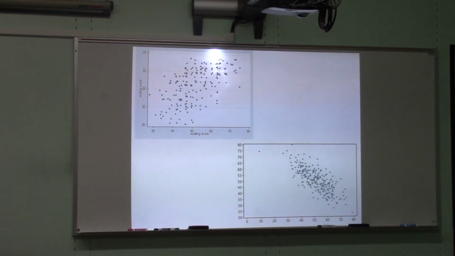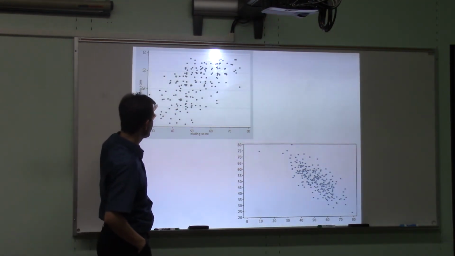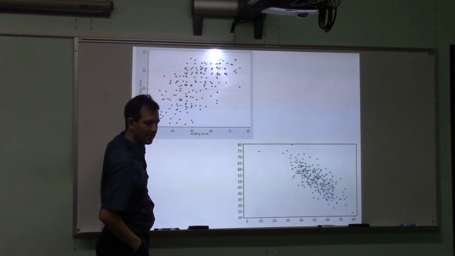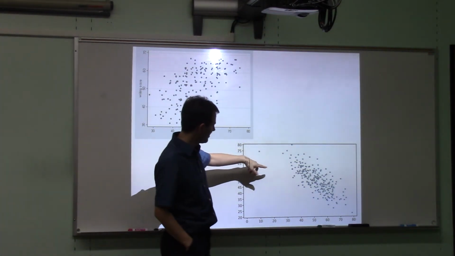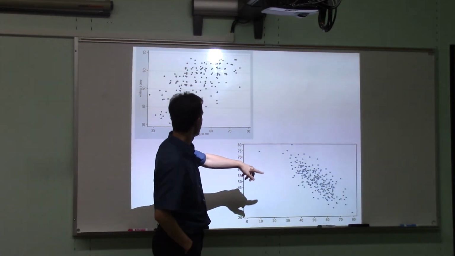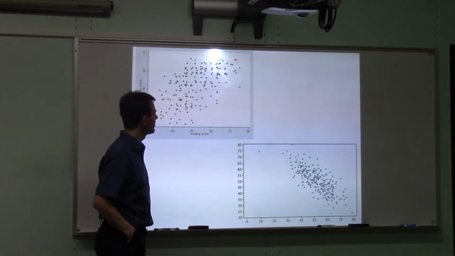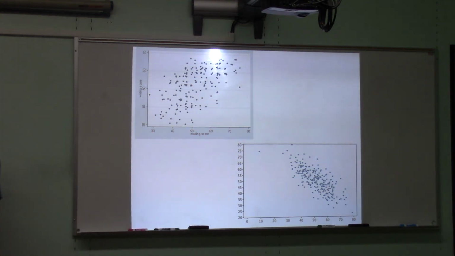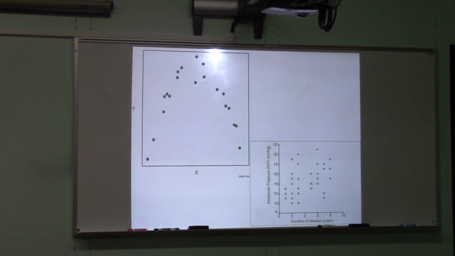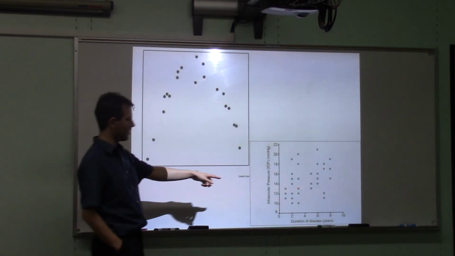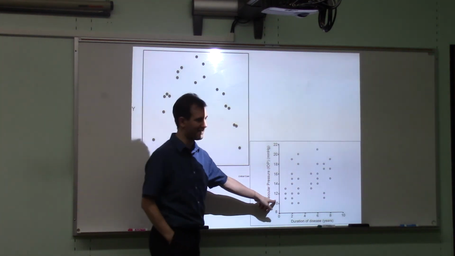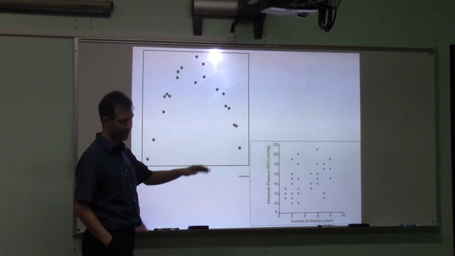Here's two more examples. Over here I would say R is probably 0.3. And over here R would probably be negative 0.5. Yeah, so reliable correlations are stronger. This would probably have R equals 0.1 or 0.15 or so, because it does look vaguely positive.